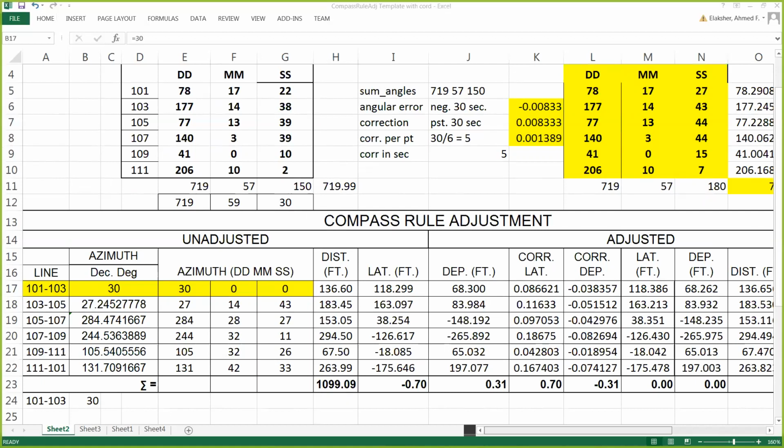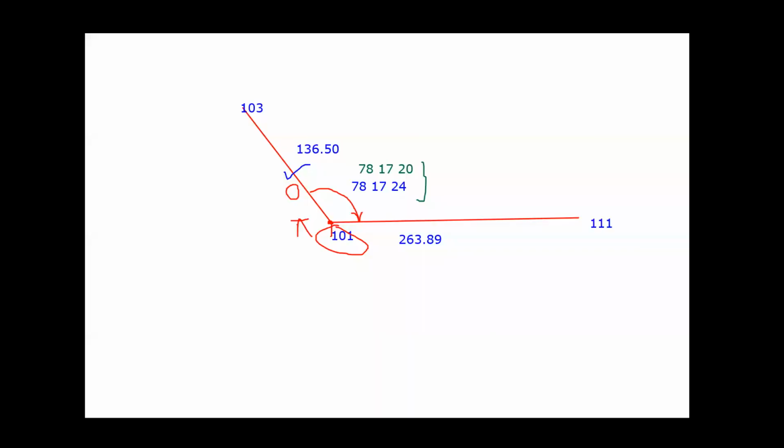So I have 101, 103 with an azimuth of 30 degrees. And the next line is 103, 105.